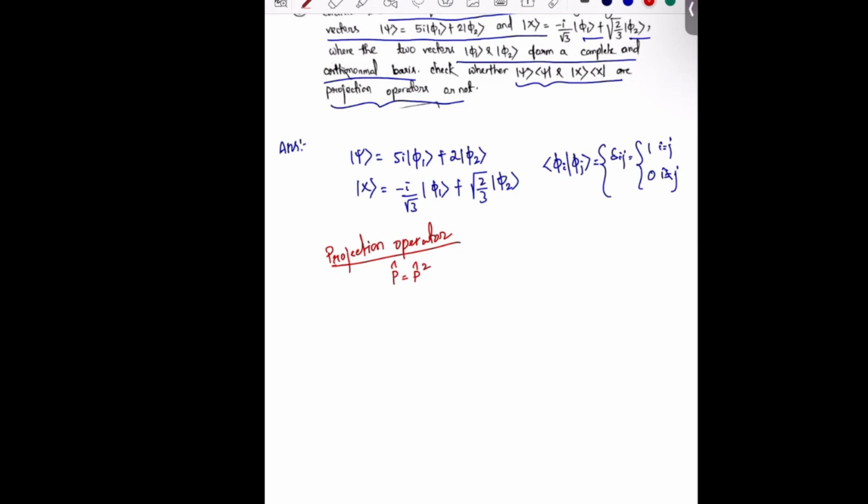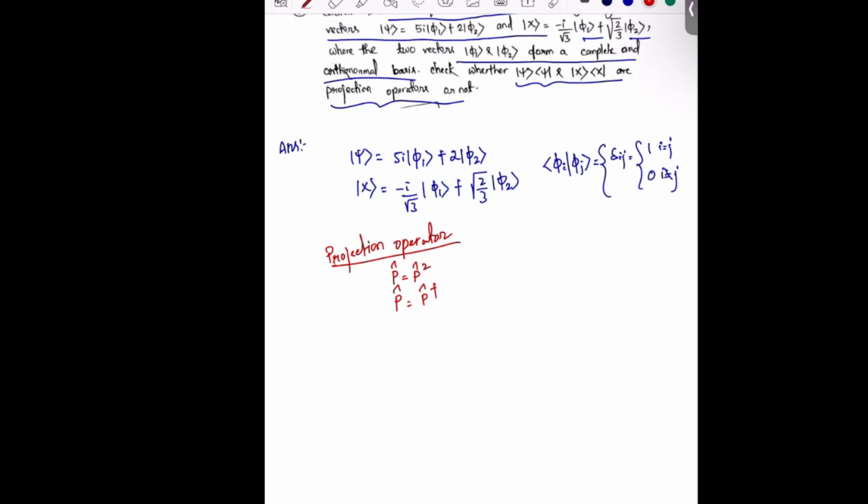And another property is P is Hermitian, so P equal to P dagger.